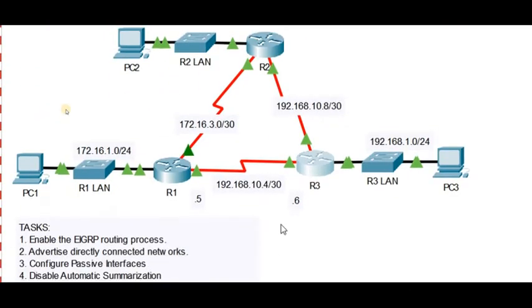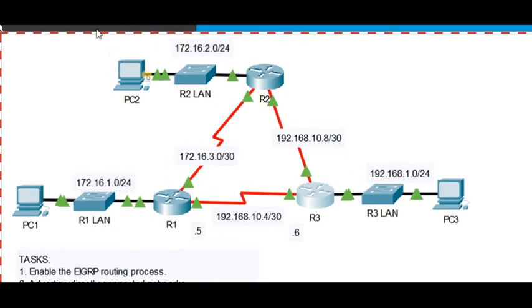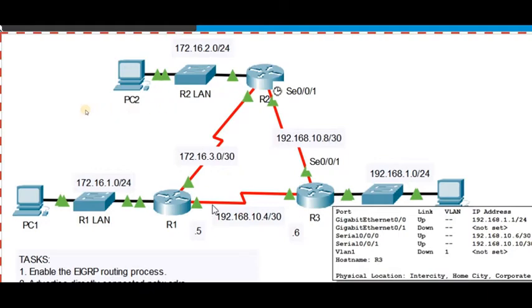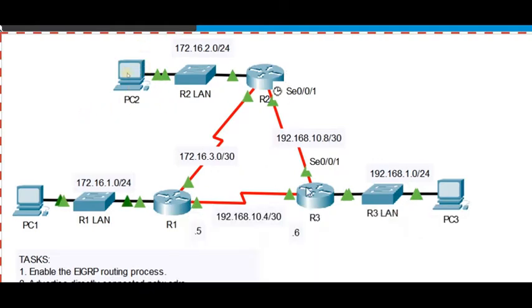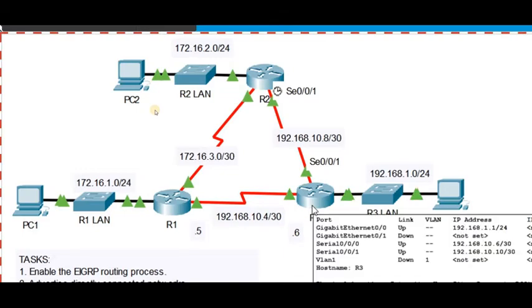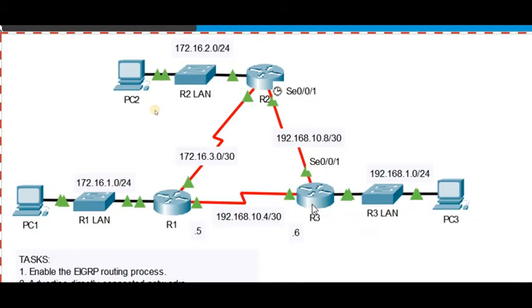So basically, if you're going to look at the summary of networks directly connected and remote networks, all of the routers have 3 directly connected and 3 remote networks. So if you're going to observe the routing table of each router that is running EIGRP, you should be seeing at least 3 letter Ds per router.